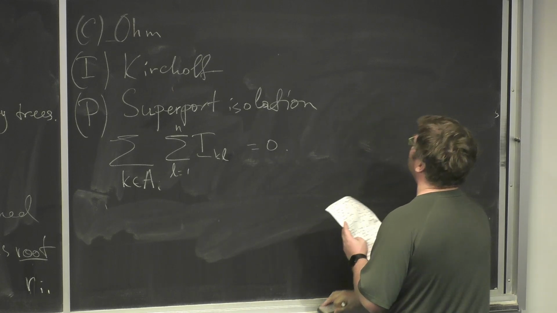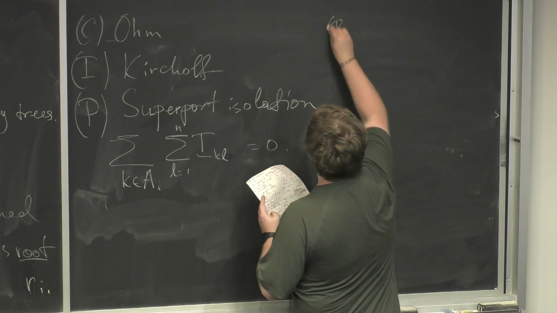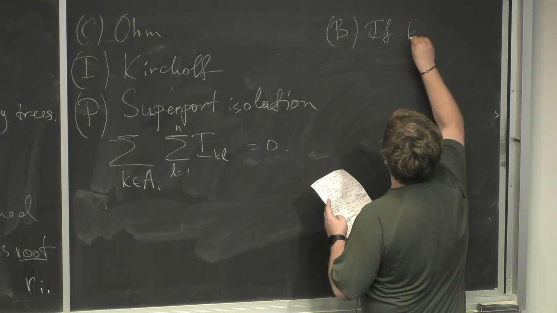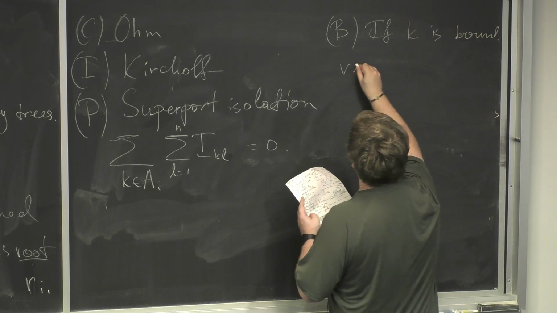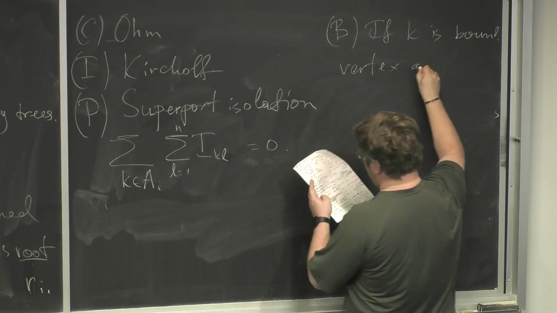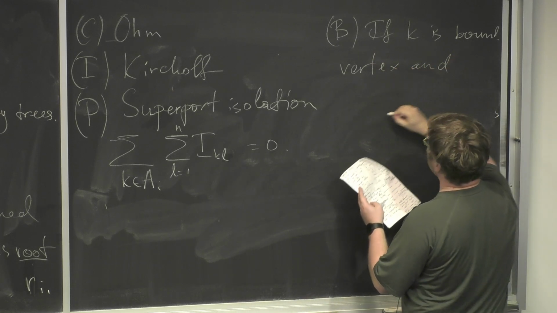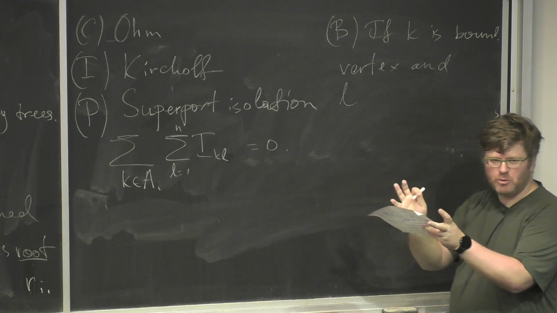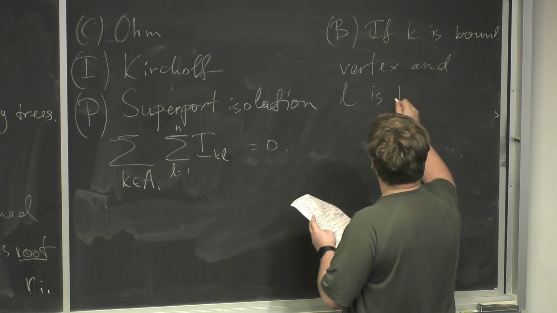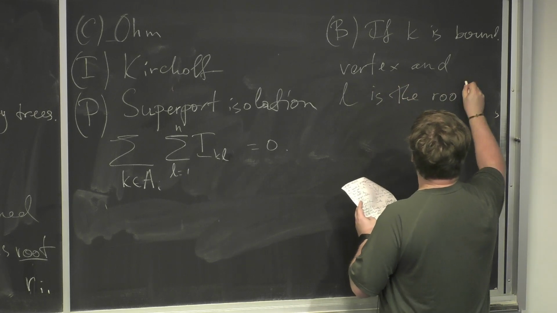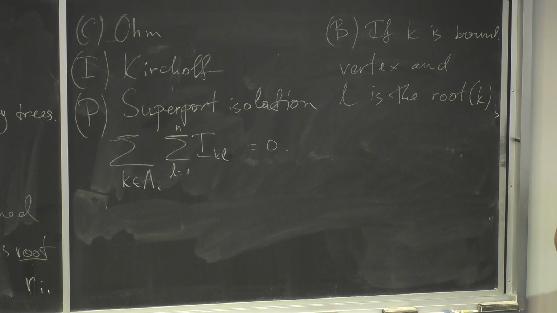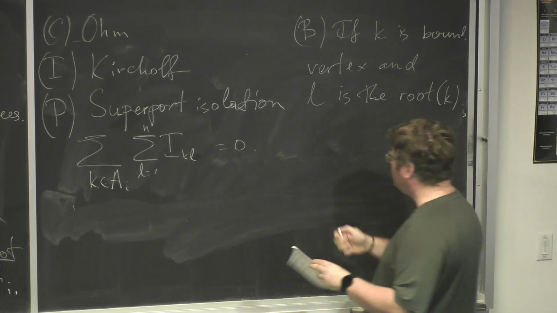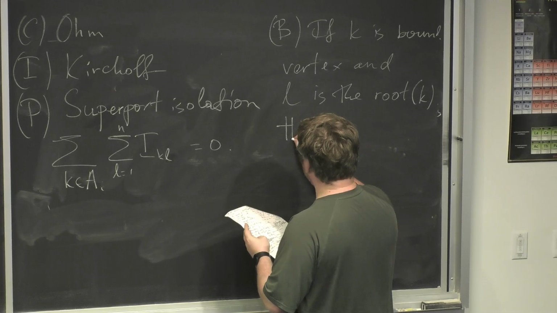If K is boundary vertex, and L is the root of that particular superport, right? So each boundary vertex lies in some lump of those boundary vertices. Each of them has a root. And what I will tell you is the difference of potentials.